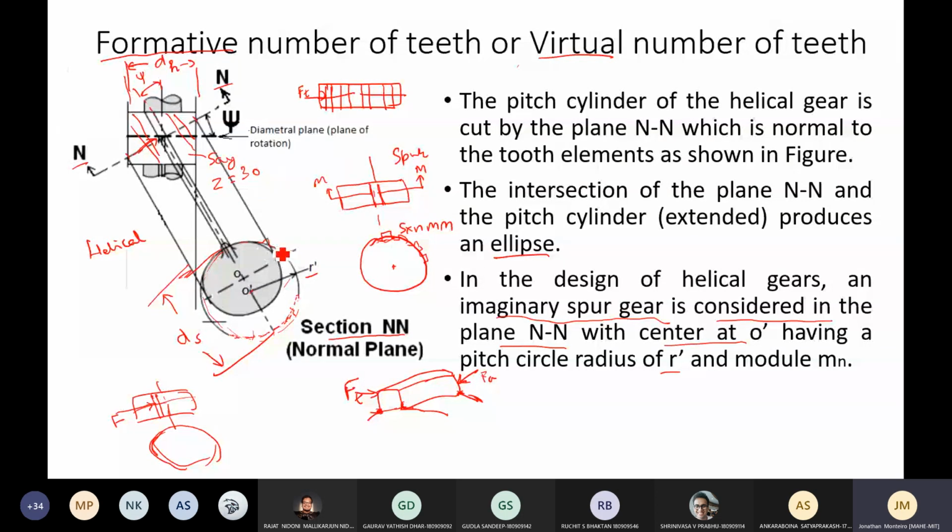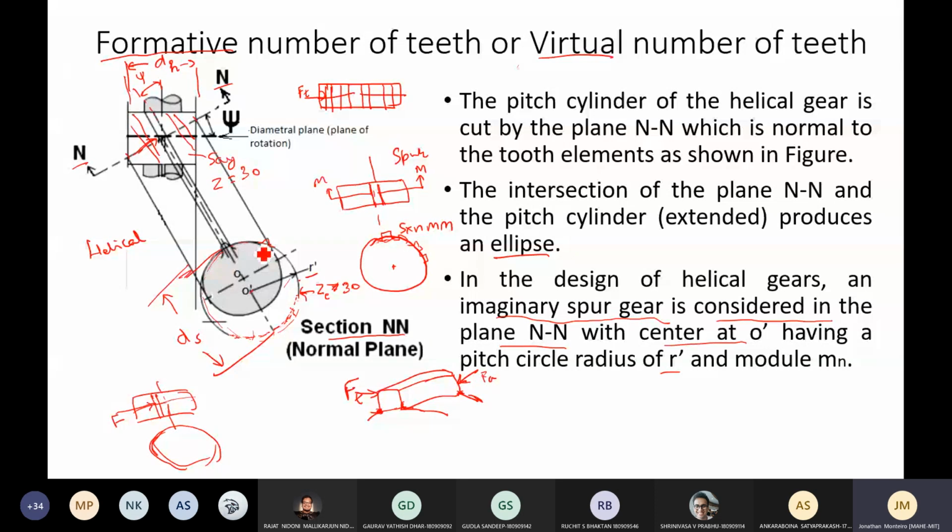And you are not changing the profile, you are not changing the addendum, dedendum, anything. You are just saying, let me put that same tooth, whatever the form factor is, on an imaginary circle with a larger radius. Then the number of teeth will definitely increase on the imaginary circle, the imaginary spur gear.